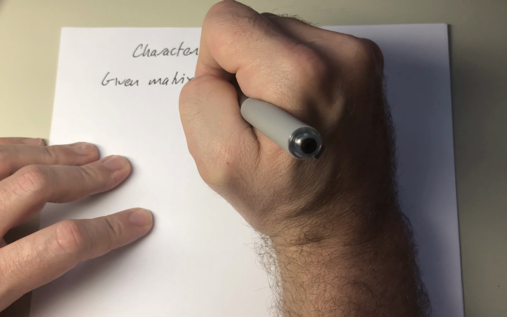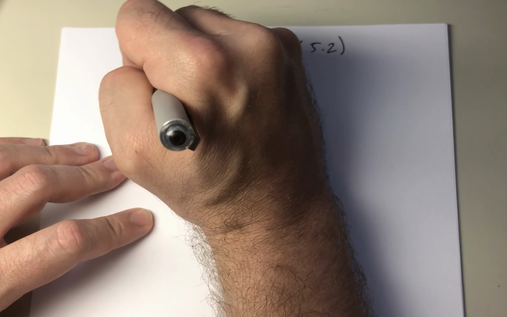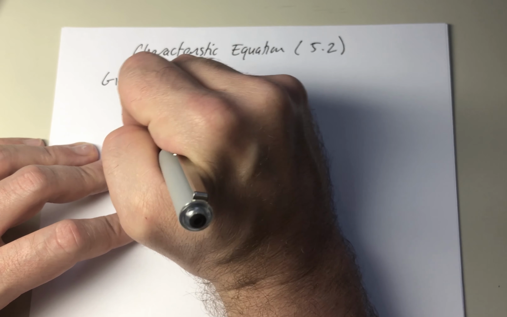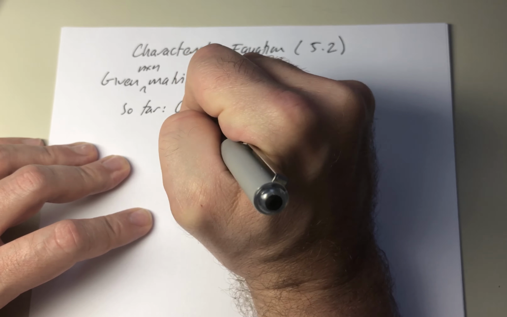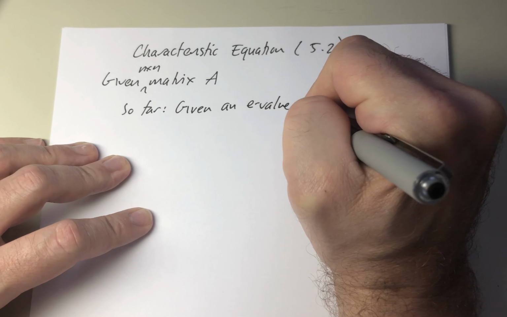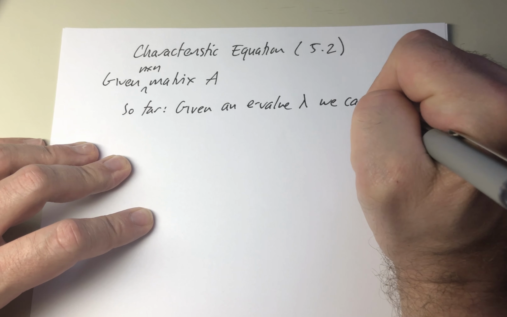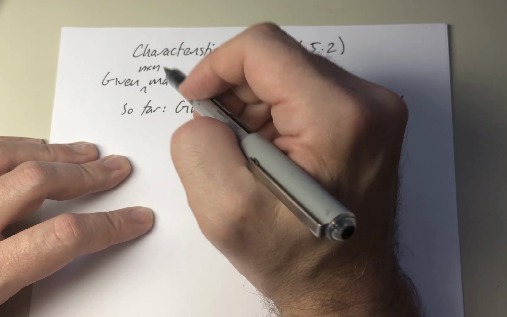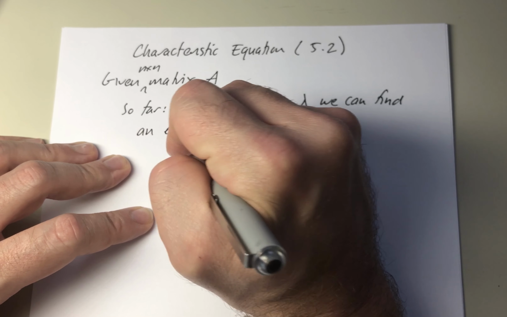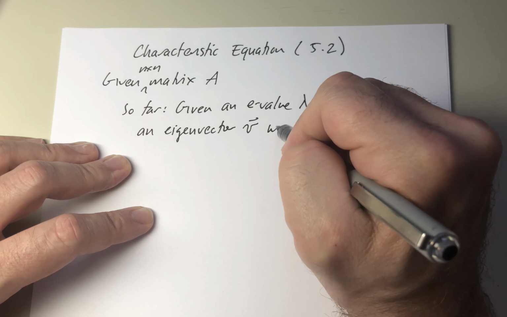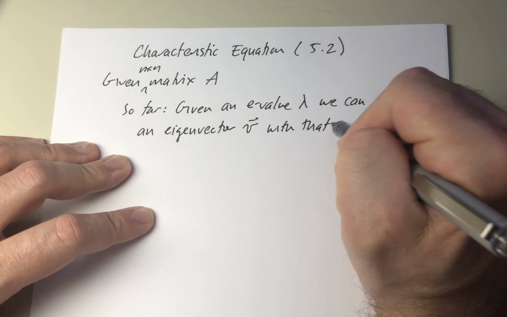Given an n by n matrix A, what we know so far is that given an eigenvalue lambda, we can find or compute an eigenvector v with that value.